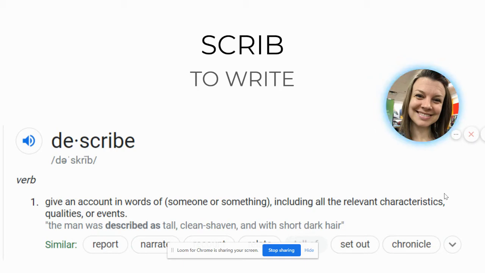A lot of times when you're describing something, you are using many words in order to talk about what a person is like. A person, a place, an event, okay? So describing can be done both in talking and in writing. So here that word part scrib that we see inside of the word describe means to write.